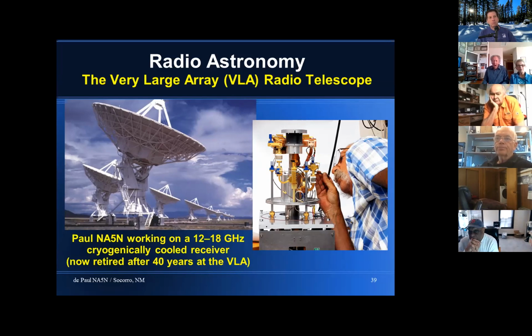Of course, you're not going to get the same results as the Very Large Array, but you will show the RF energy being generated by the sun and getting to us. I think that's it. Jess?